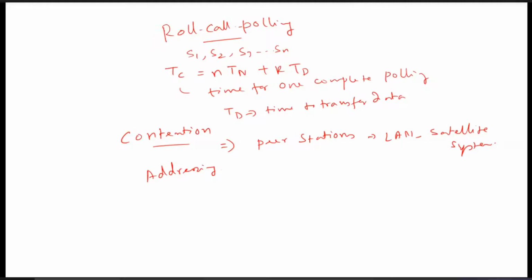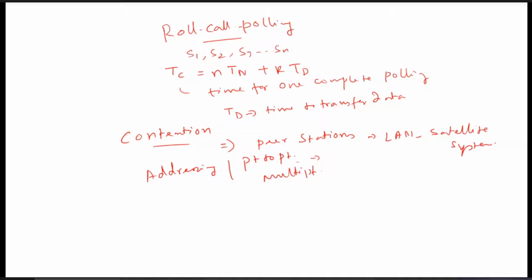There are 3 cases, as we have discussed so far. In a point-to-point link, no address is required because it is fixed. One station transmits, the other station receives. But in multi-point, the primary-secondary concept will be there, and one address is needed to identify the secondary, as I just mentioned. For peer multi-point, two addresses are required to identify transmitter and receiver.